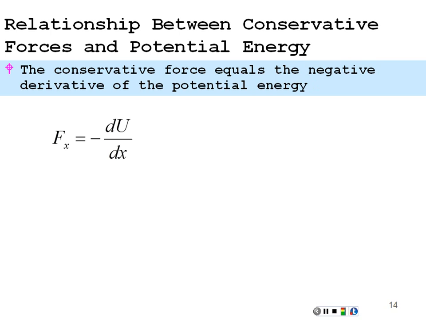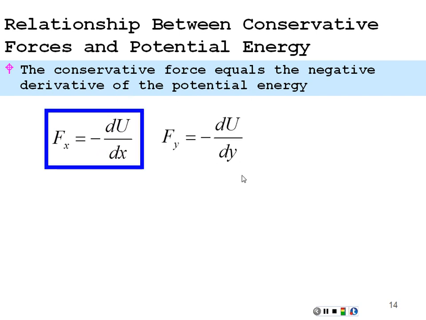Well, it turns out that if you knew your potential energy function for a conservative force, you can get the conservative force responsible for it by taking the negative derivative of that potential energy function with respect to the spatial variable. So in other words, the x component of that force would be the negative derivative of the potential energy with respect to x.